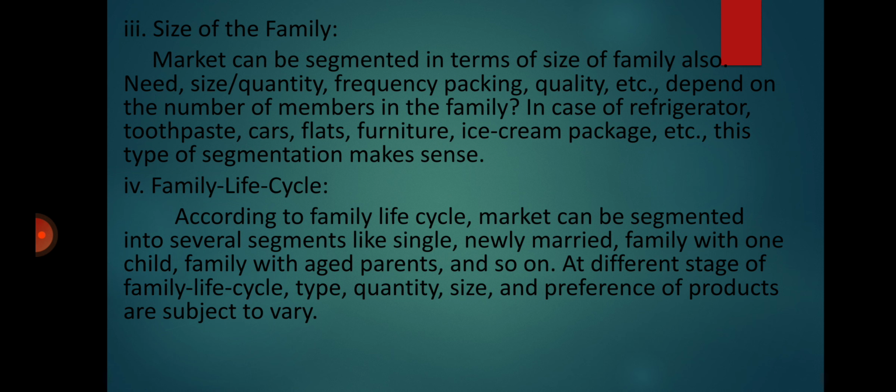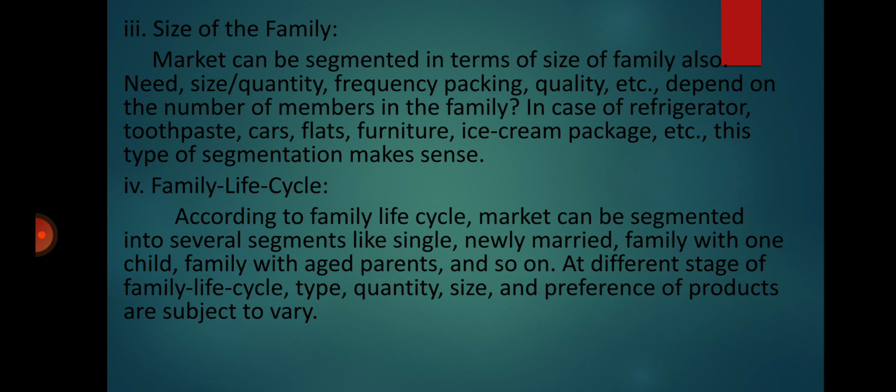And that is the reason companies producing refrigerator, toothpaste, cars, flats, furniture and ice cream prefer to segment their market based on the size of the family, because based on the size of the family there will be demand for different varieties or different packages of the product.